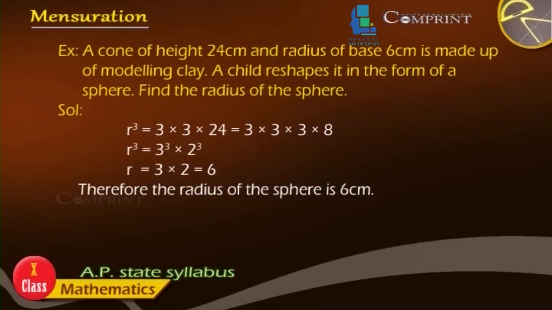R cube is equal to 3 into 3 into 24 is equal to 3 into 3 into 3 into 8. R cube is equal to 3 cube into 2 cube. R is equal to 3 into 2 is equal to 6. Therefore, the radius of the sphere is 6 centimeters.